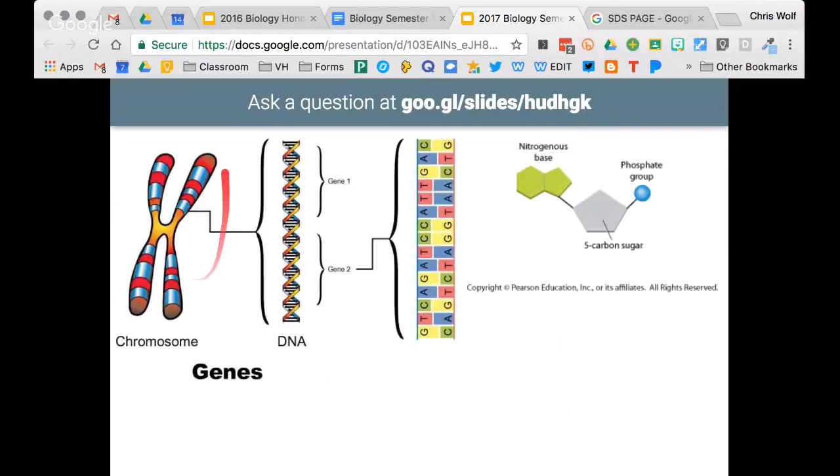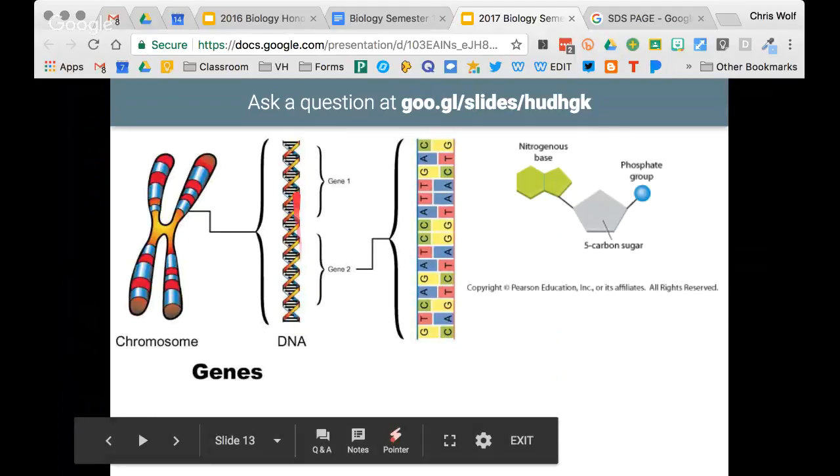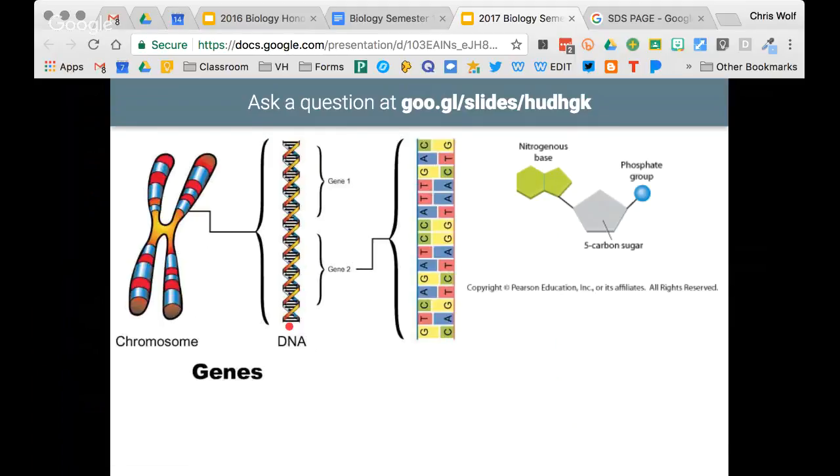We have 46 of these things called chromosomes. And chromosomes are just our DNA all packed up in a nice little bundle. We saw them during mitosis when we need to separate them, but they're all packed up. But in reality, most of the time, the DNA is in a long strand, thread-like structure that looks like this picture here. This is our iconic double helix molecule.